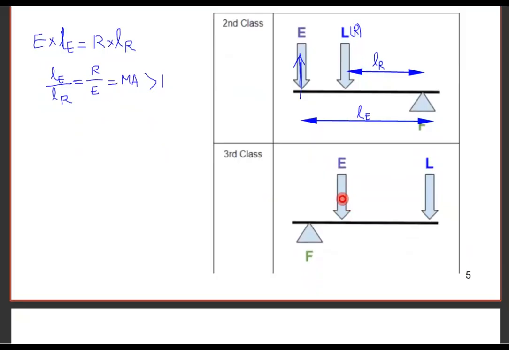In the third type of lever, again I need to correct this direction to keep the balance of this lever. I need to apply the force upward. So again, we can say the distance between the fulcrum and the effort is LE, and the distance between the fulcrum and the load is LR.